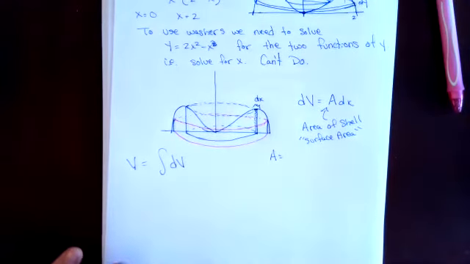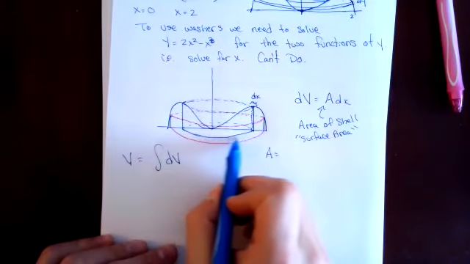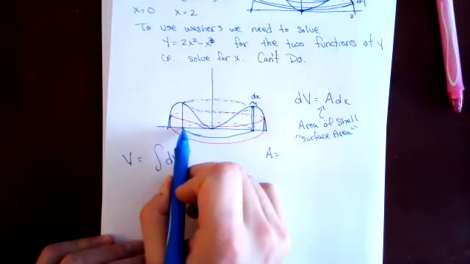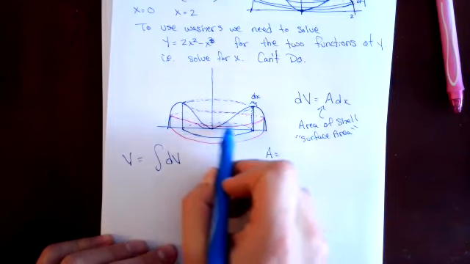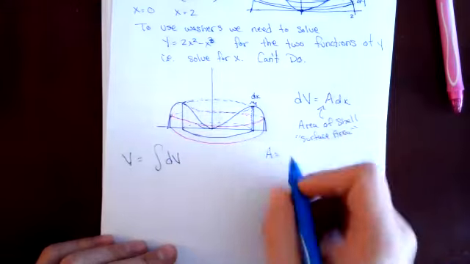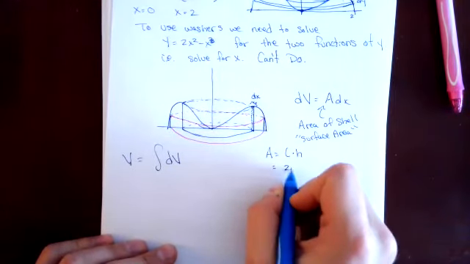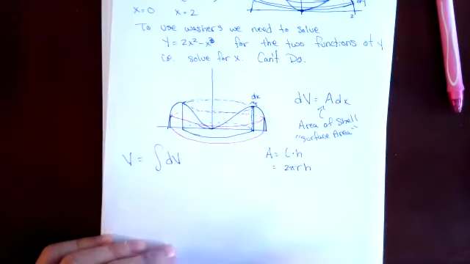The piece of the surface area of a cylinder is the total length that we traverse around the base, the circumference, times the height, which is 2 pi r h.